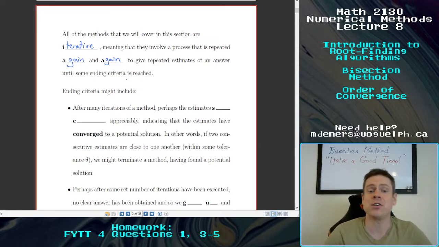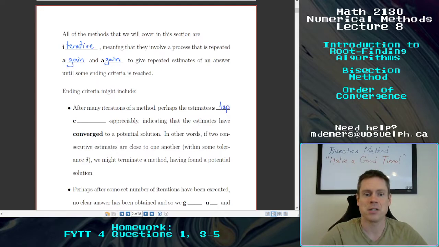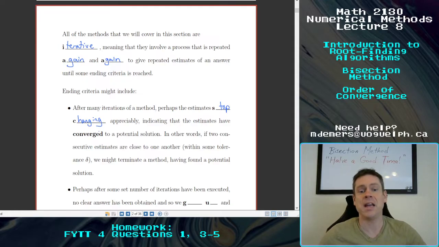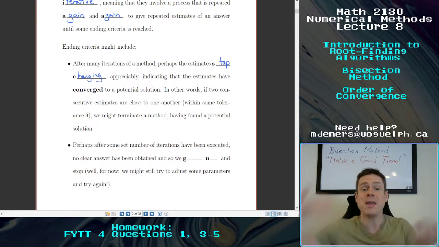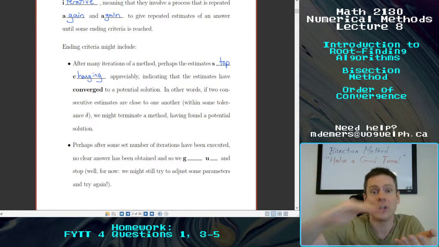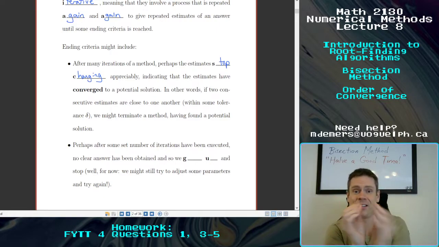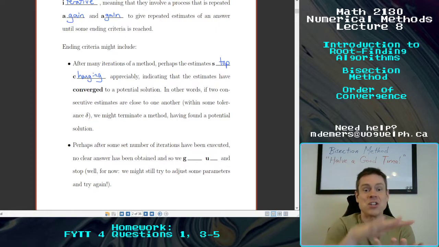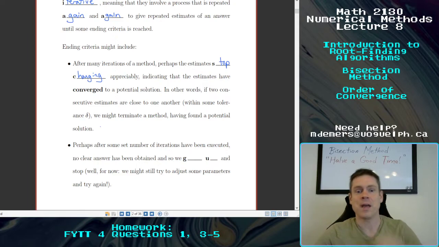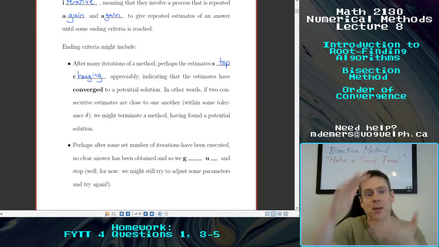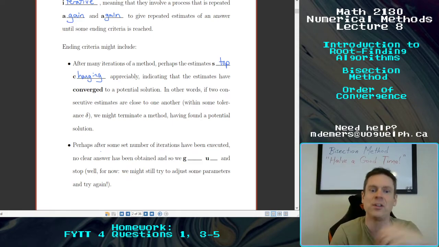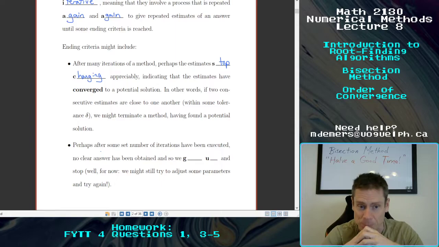After many iterations of the method, perhaps the estimates stop changing very much at all, indicating that the estimates have converged. Maybe your estimates have gotten closer and closer to the right answer until they don't even change very much. In other words, if two consecutive estimates are close to one another within some tolerance, you can call it whatever you want, I use delta right here, you might terminate a method, having found a possible solution.